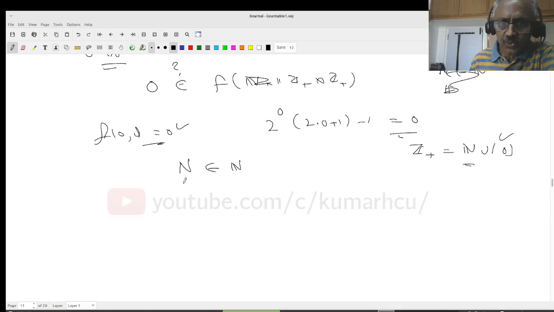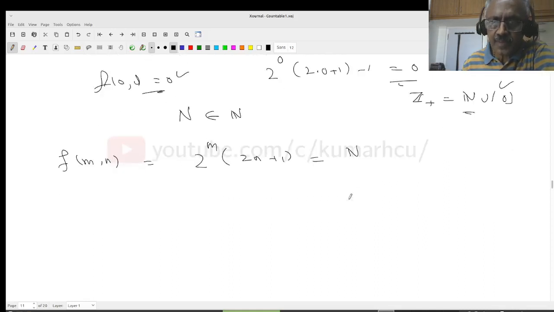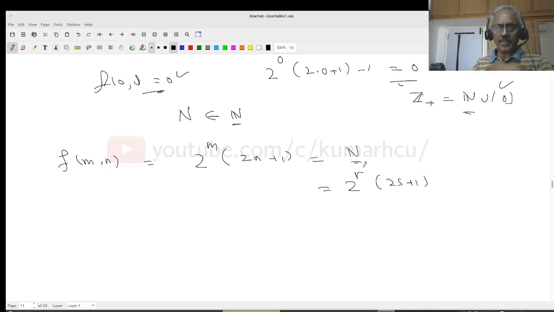Okay. So start with n, then what I have to look for is 2 to the m and n, f of (m,n). I have to choose an m and n so that this is equal to n. Right? But that is very easy because n is a natural number. Therefore I can always write it in the form 2 power r into 2 power s plus 1. By prime factorization I can always write it like that.